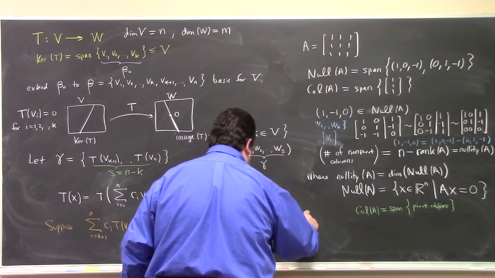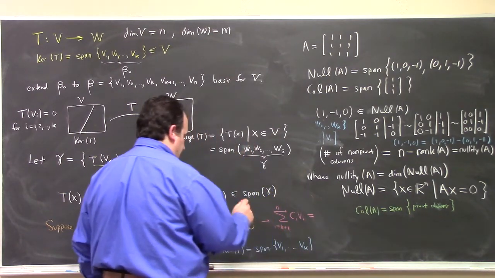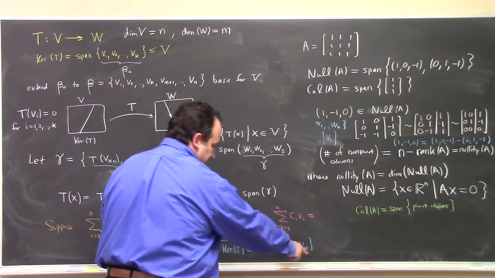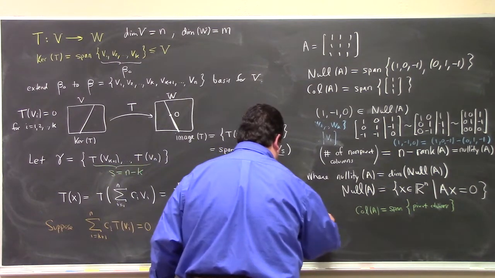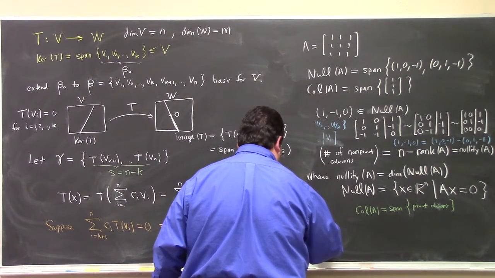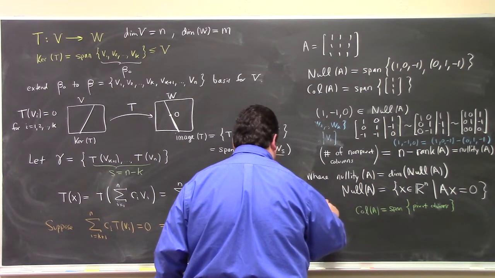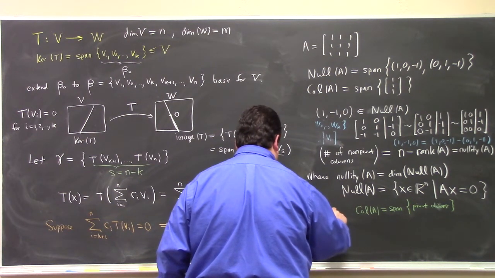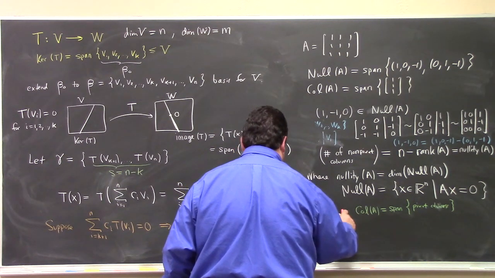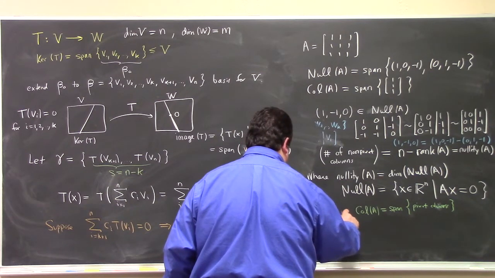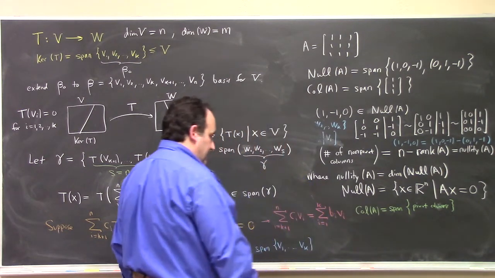Sum of ci vi, right? It's in the span of these, right? Yeah. So it's going to be equal to the sum, i equals 1 to k, of bi vi, for some choice of b's.